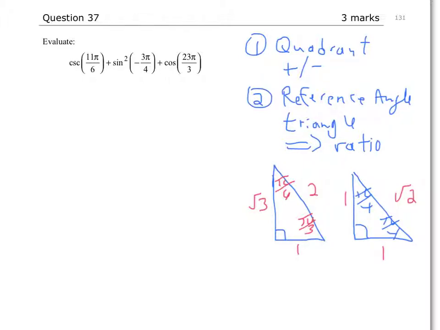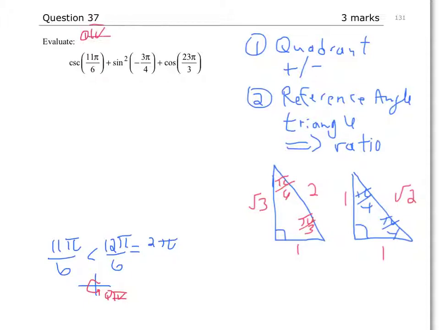If we think about it, 11 pi over 6 is a tiny bit less than 12 pi over 6. And of course we know 12 pi over 6 is the same as 2 pi. So when it comes to 11 pi over 6, it's almost all the way to 2 pi. So 11 pi over 6 is quadrant 4.